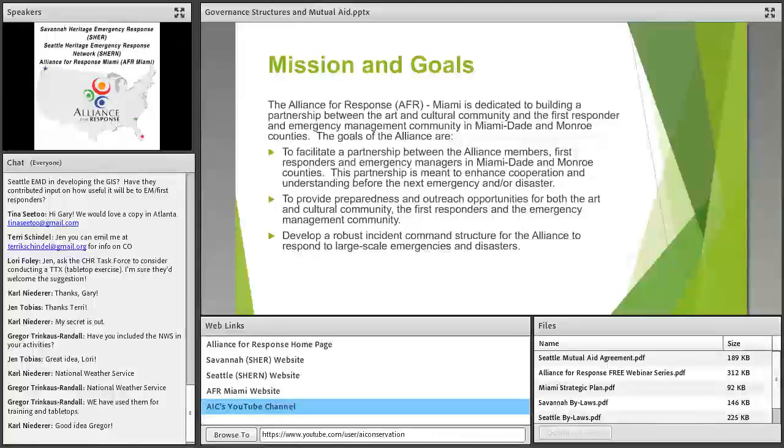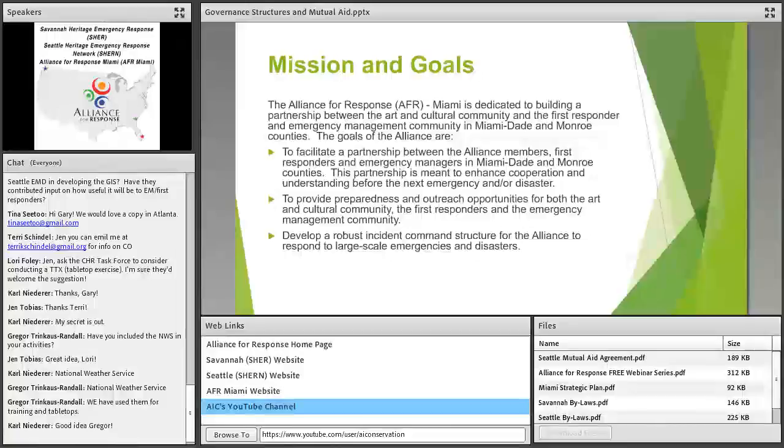We also are here to provide preparedness and outreach opportunities for both the art and cultural community, as well as the first responders, and to develop a robust incident command structure for the Alliance to respond to large-scale emergencies and disasters. We also assist member organizations in the development of their disaster and collection and salvage plans.